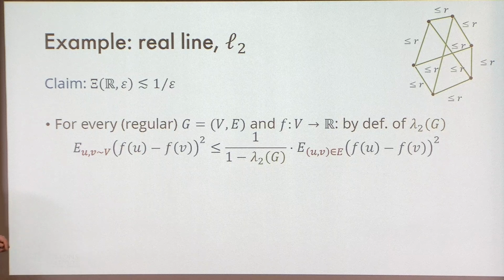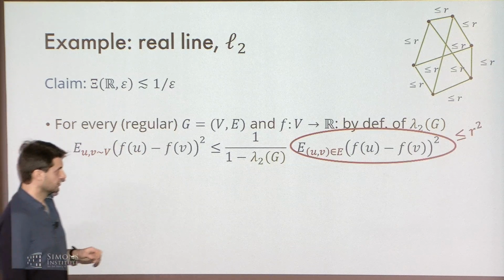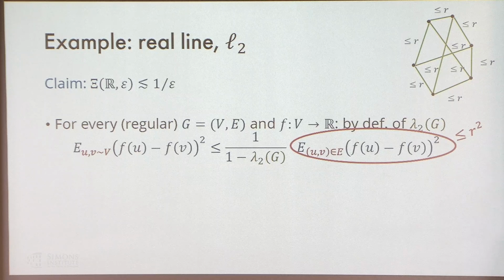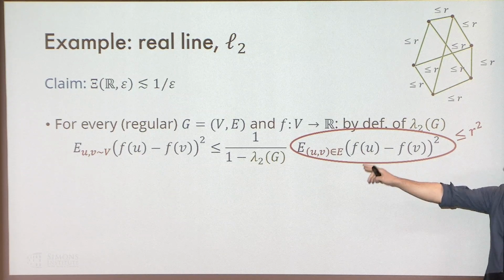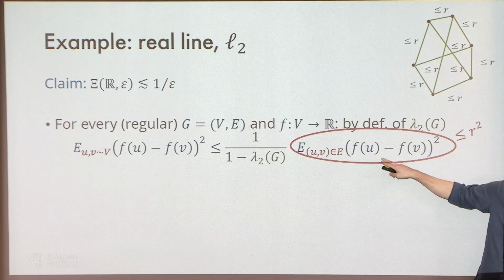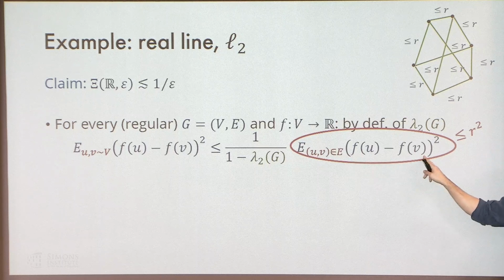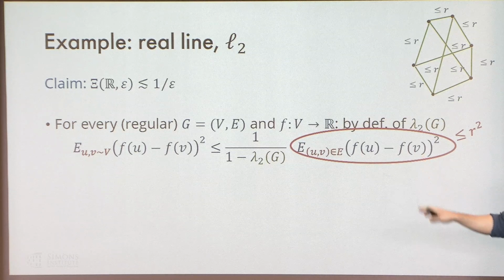So first of all, notice that we'll use the fact that all the edges of the graph have distance at most r. So this means that the expected squared length of the edges is at most r squared, just because each of these is at most r. Okay? All right.